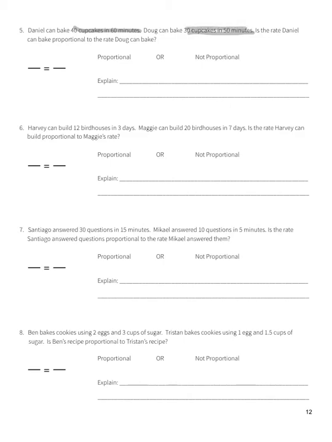Okay, so we can see right here that we're comparing cupcakes to minutes. Daniel is 40 cupcakes to 60 minutes, and Doug is 30 cupcakes to 50 minutes. In order to determine whether they're proportional, we use cross products.